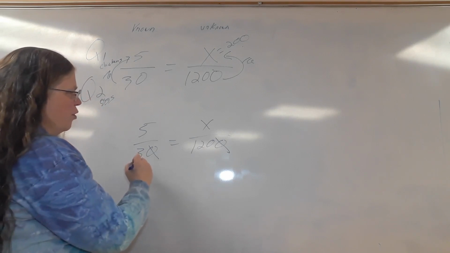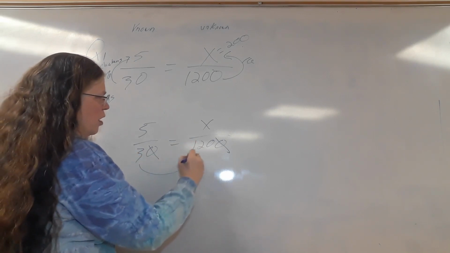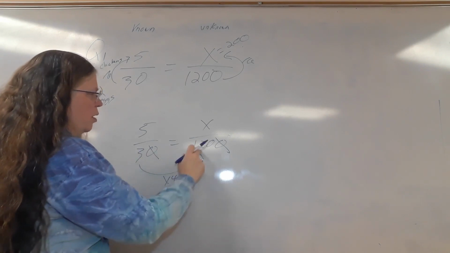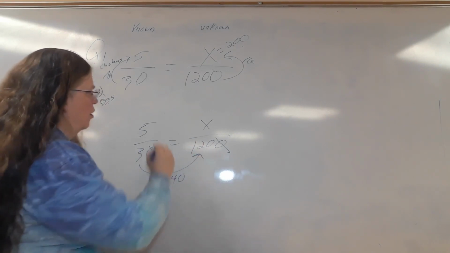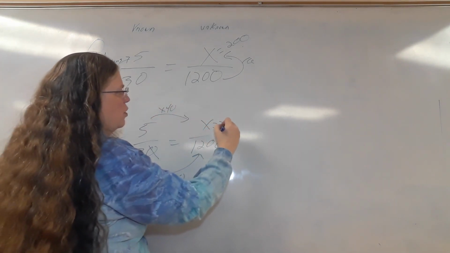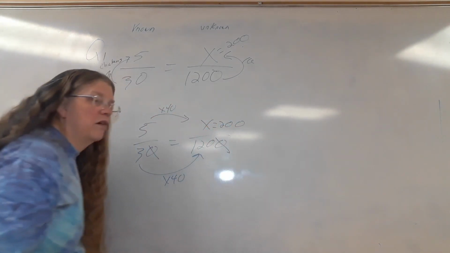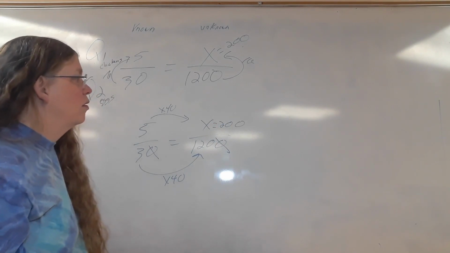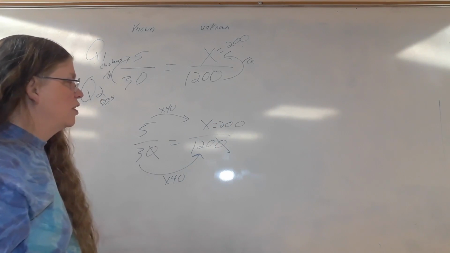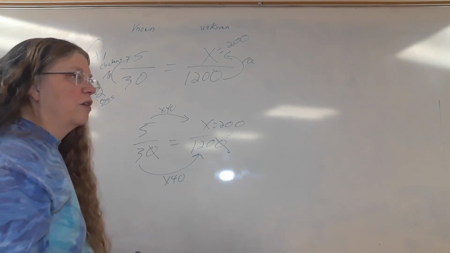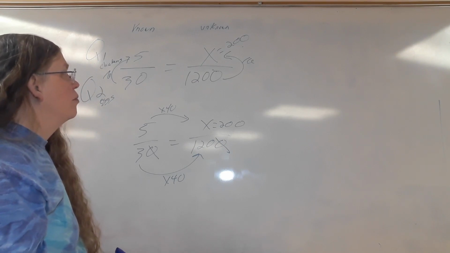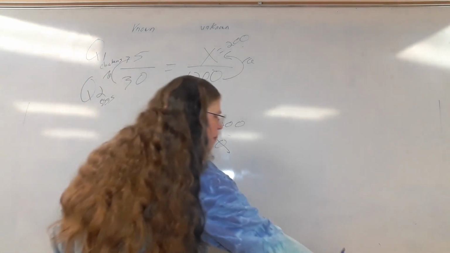Then we have 3 going into 120. So that's times 40. So 5 times 40 will also give us 200. And then there's the 5 times 1,200 is 6,000 divided by 30, which also gives us 200, which is the cross multiplying.